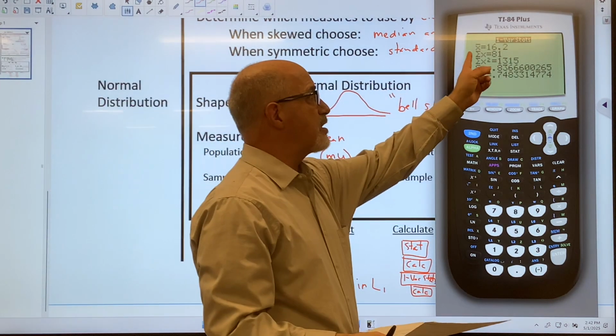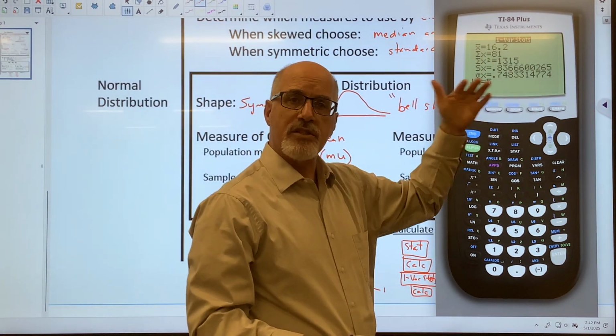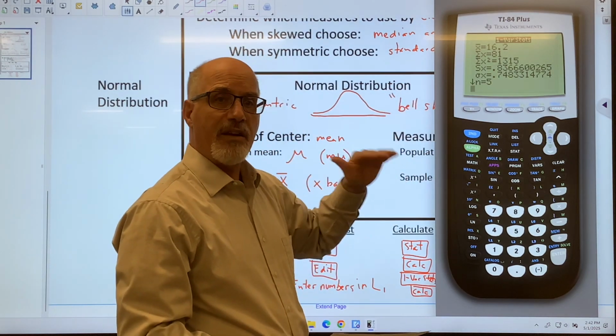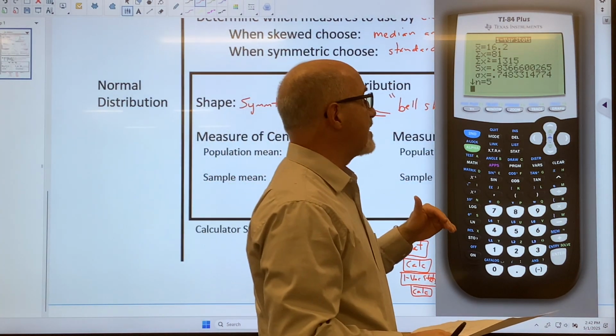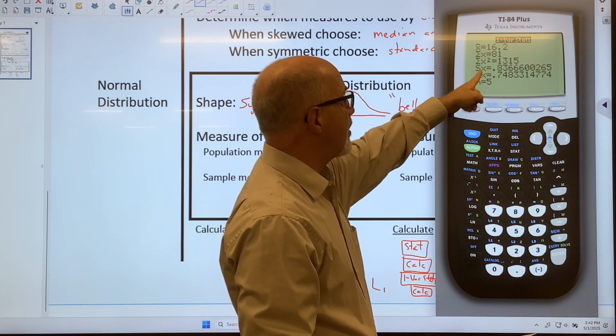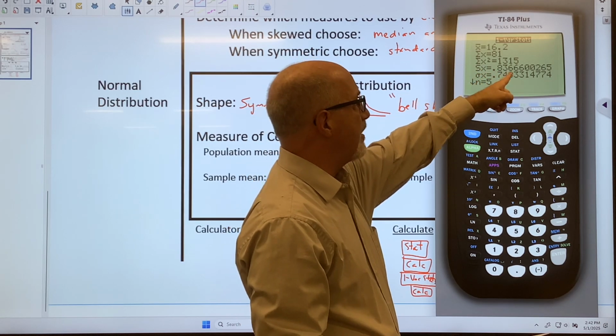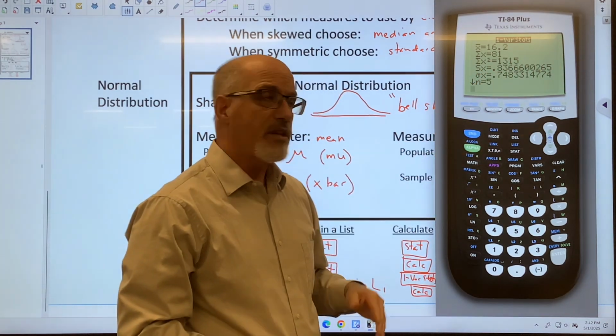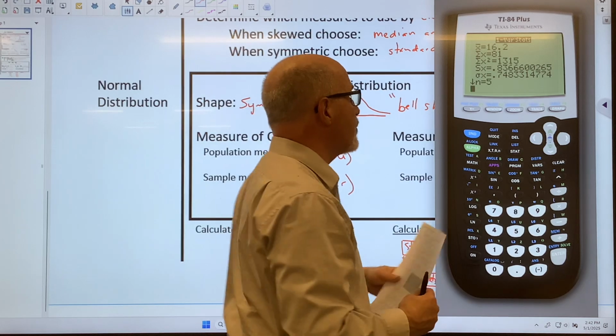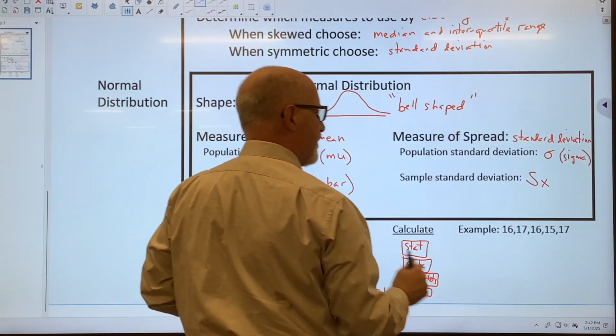Notice it has X bar here. X bar is our statistic for the mean of that sample. And then notice down here it has SX equals 0.83, etc. There's my standard deviation. So I can pull those values off of this.